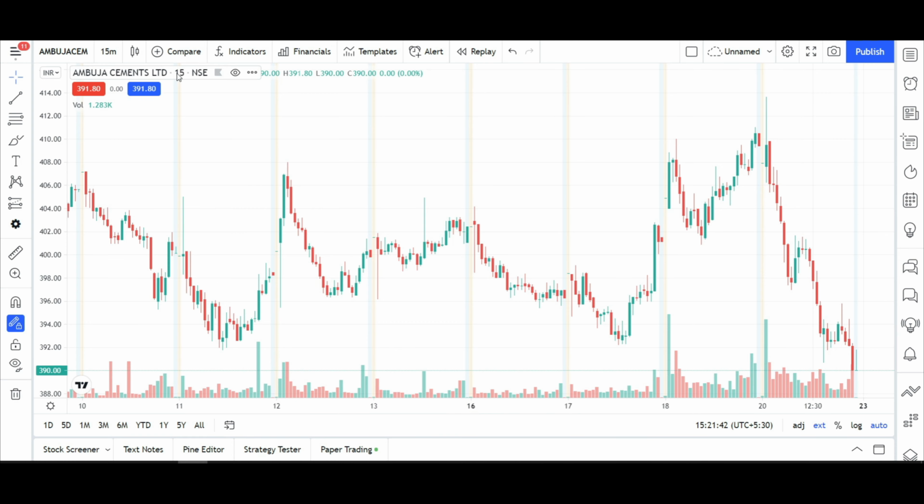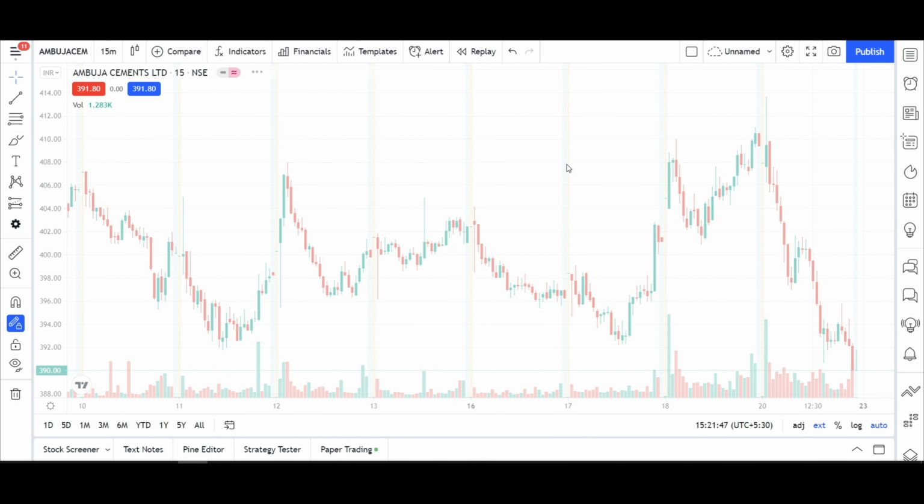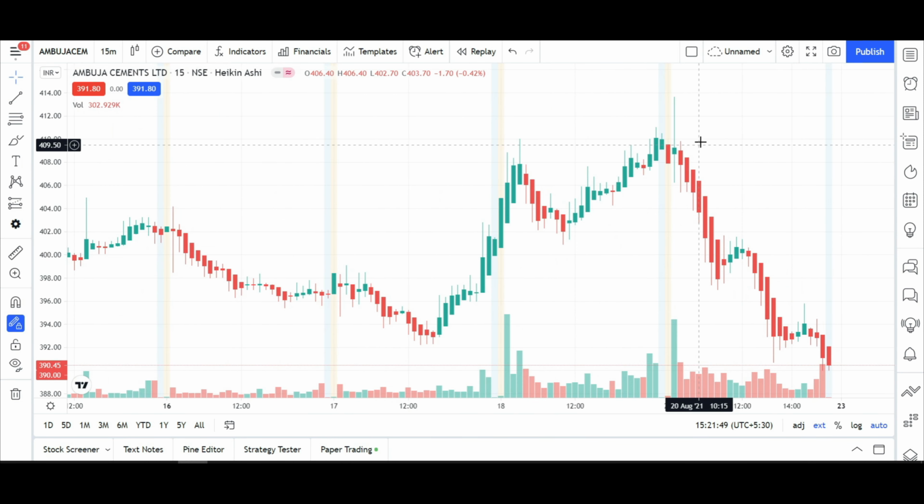But here in the Heikin-Ashi, we can see that the candles are formed very close to each other and are almost like a moving average of the chart.